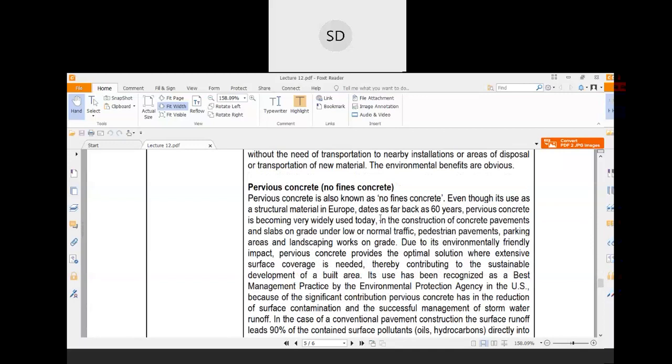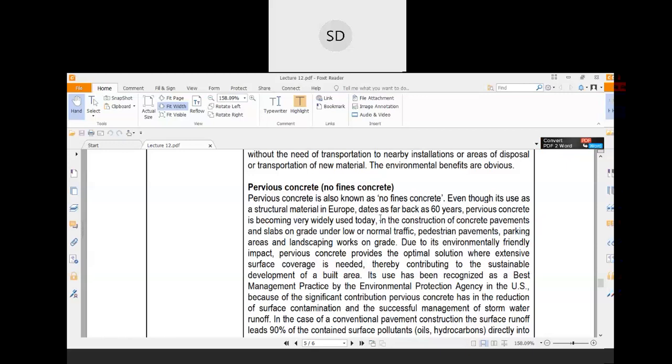Whenever you are designing pervious concrete, you will not use any finer material like sand or dust particles. If you do not use any sand particles, there would be so many gaps or voids in that aggregate mix, and it will act as a perforated channel through which water will pass.